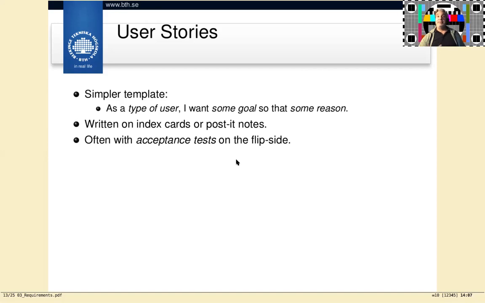Whereas I need the login button moved 3 pixels to the right, because it's interfering with the username box. That's something that is very concrete and very actionable right now.